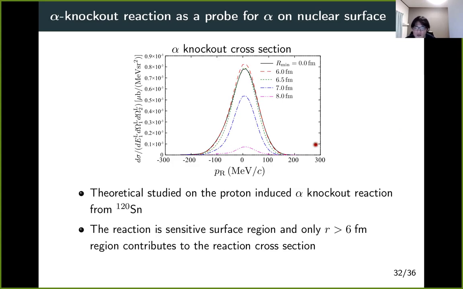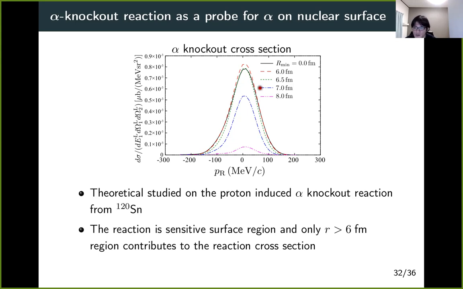What I found in this work is that, again, the reaction is of course peripheral, and in this case only R equals 6.0 femtometers and above contributes to the cross section of the tin-120 (p,p alpha) case.